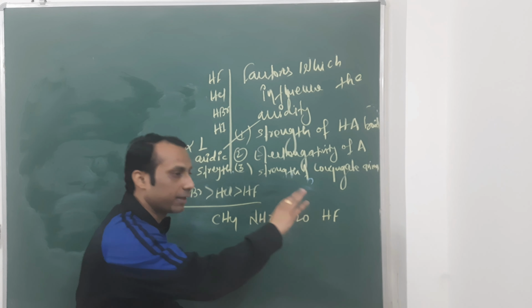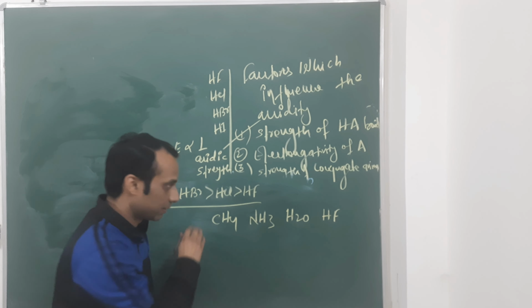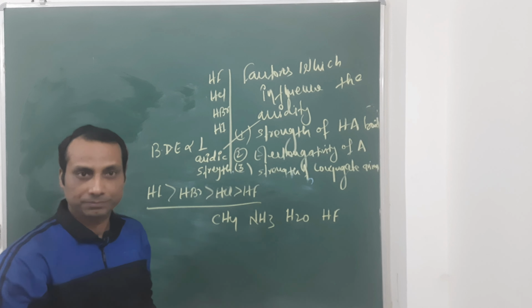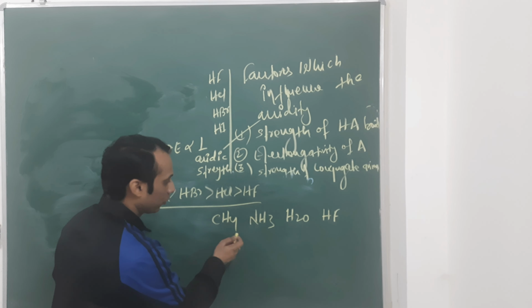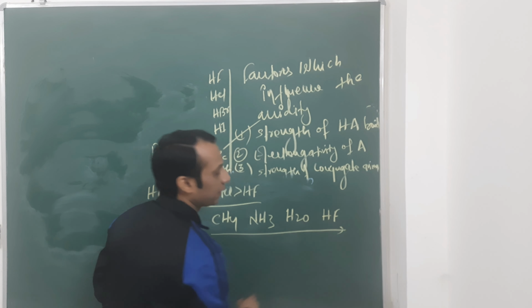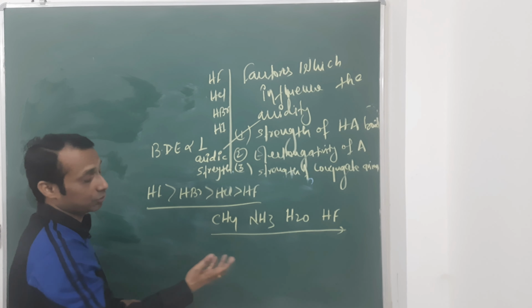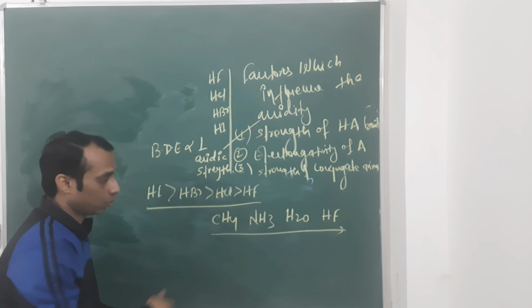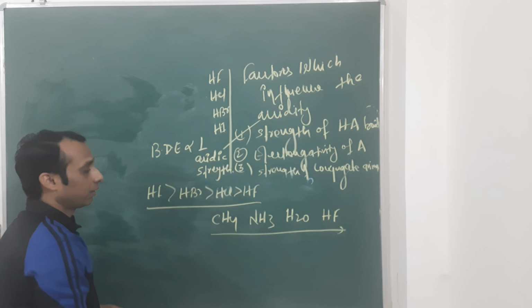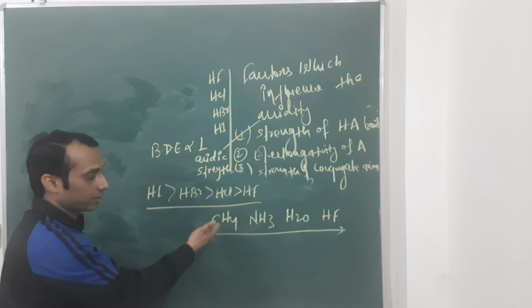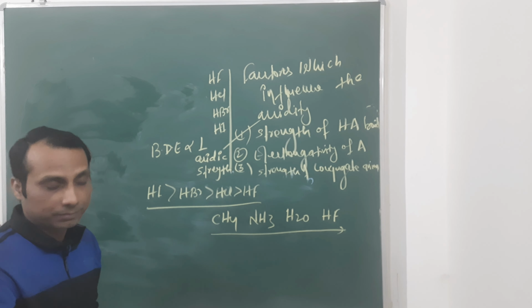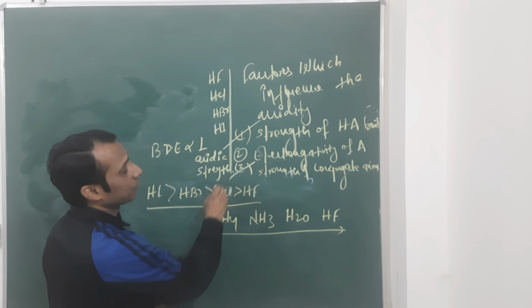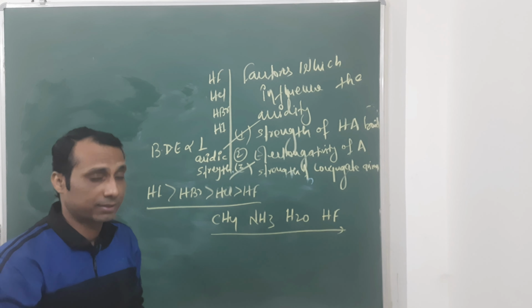Since electronegativity increases, the acidic strength increases. So HF is a stronger acid than water, water is stronger than ammonia, and ammonia is stronger than CH4. Correct? Now the third factor is the strength of the conjugate anions.